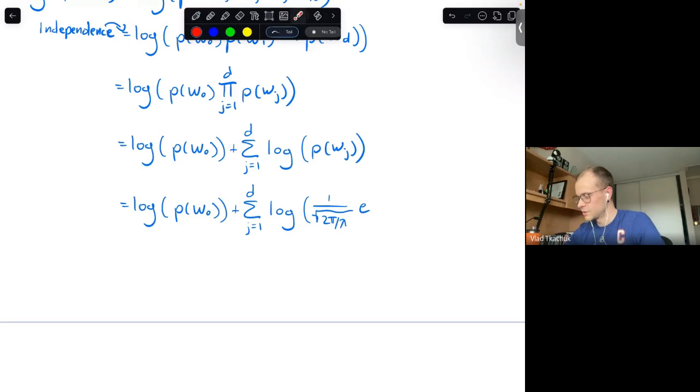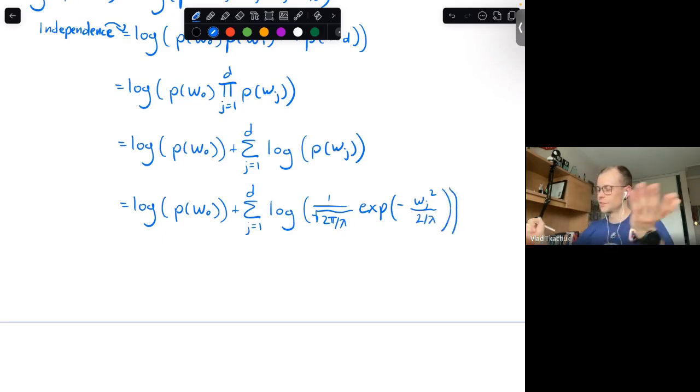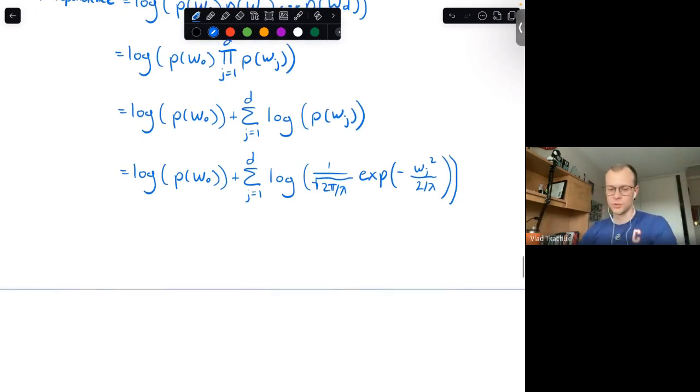And here you'll see that, as we assumed, the variance is 1 over lambda, not 1 over lambda squared. Then you have the exponential of minus, and since the mean is 0, it's really Wj minus 0 squared, but you don't need the minus 0, so it's just Wj squared, and then here you have 2 over lambda. This is just the definition of the normal distribution's PDF.